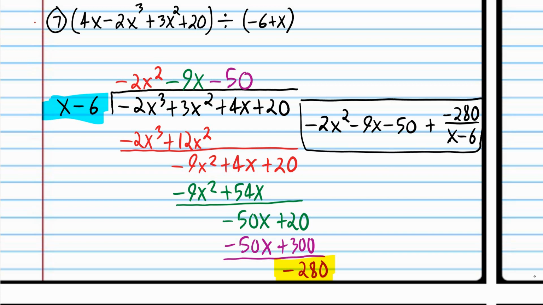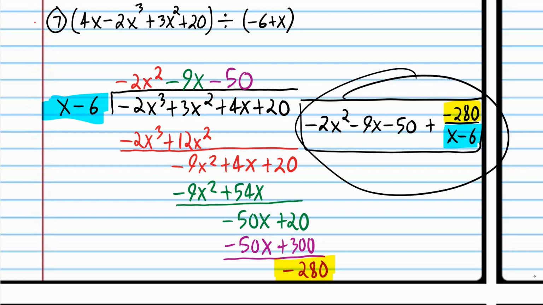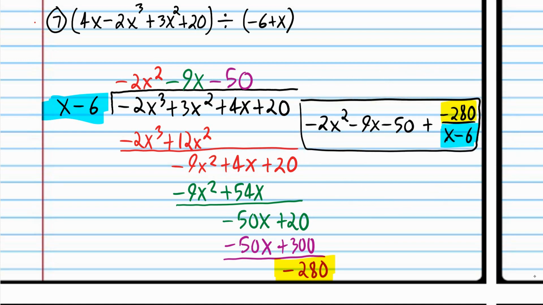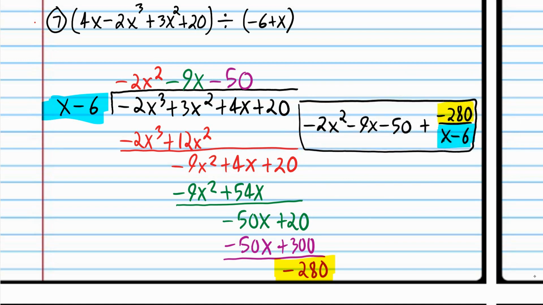So you take your remainder, the yellow, and put it there, and take your divisor and put it in the denominator of that fraction. Sorry, my computer's going a little slow. So this box here, that's the answer. And that's what you always do. You always take the remainder and write it in the numerator here, and the divisor you write down here.